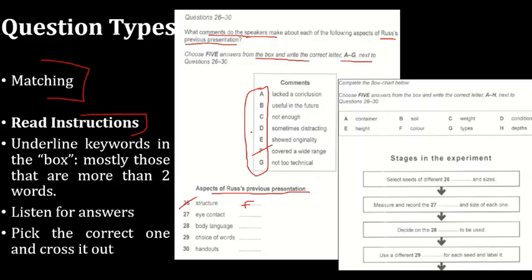Let's say that's the answer. You pick your D here. As the options reduce, it becomes very easy for you to identify the rest. So the speakers will be talking, they will agree on certain things, and those are the ones you have to listen for, pick the answers, and cross them out.